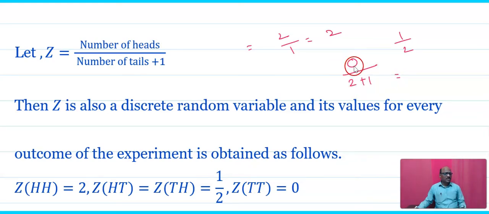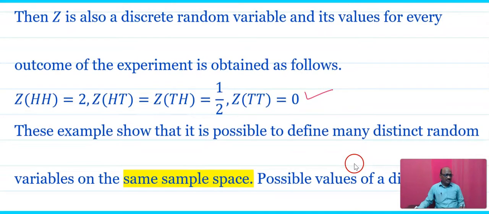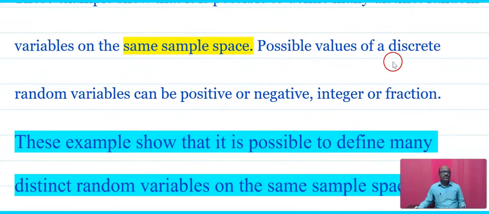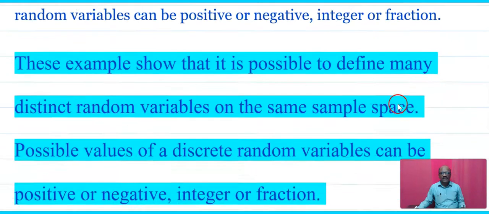But in the numerator there is a 0, 0 upon 3, and you will get 0 here, and hence Z of TT is equal to 0. These examples show that it is possible to define many distinct random variables on the same sample space. Possible values of a discrete random variable can be positive or negative, integer or fraction.